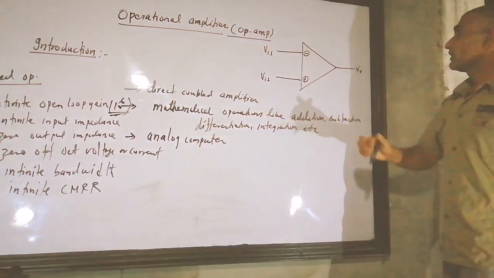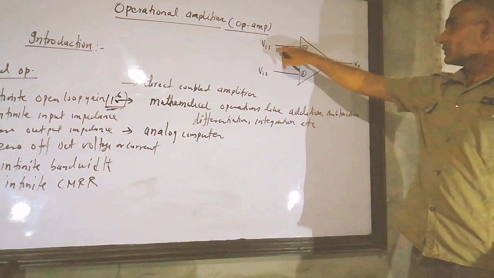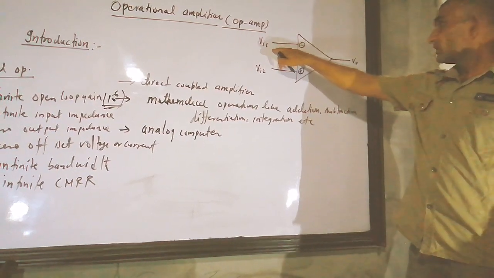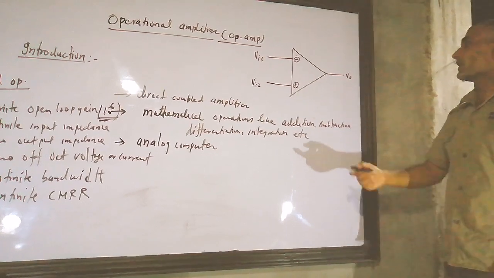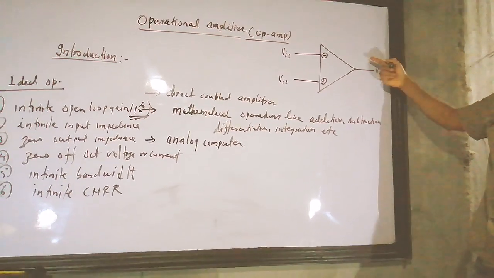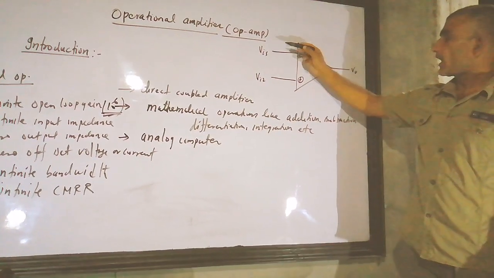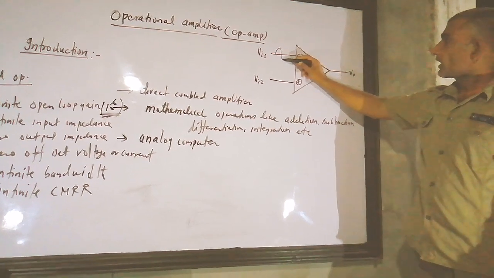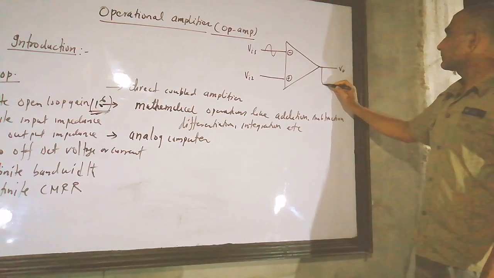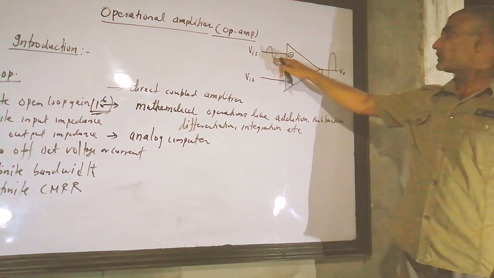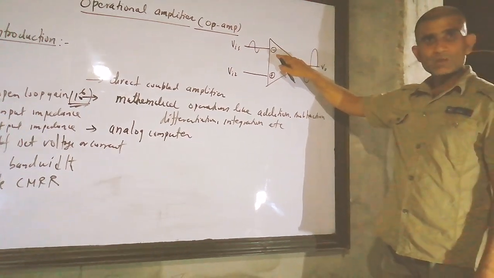What does it mean? If we give any signal at VI1, that signal will be amplified or scaled according to our choice, and it will be out of phase. If you give the signal like this, then here we get it inverted. So this is called the inverting input.